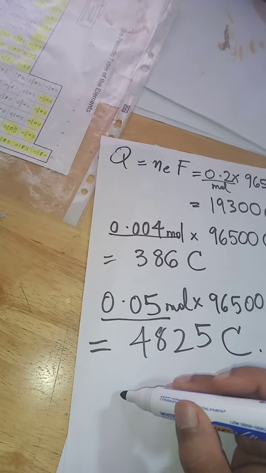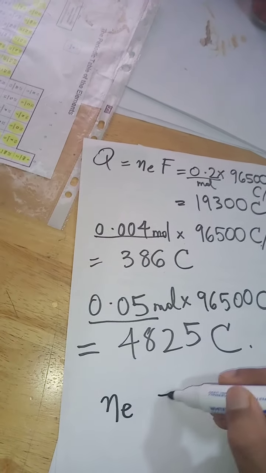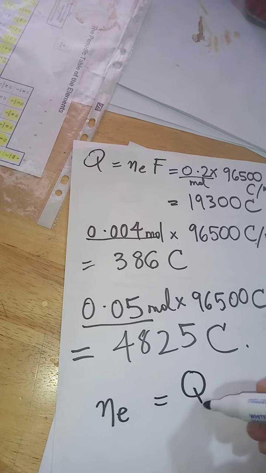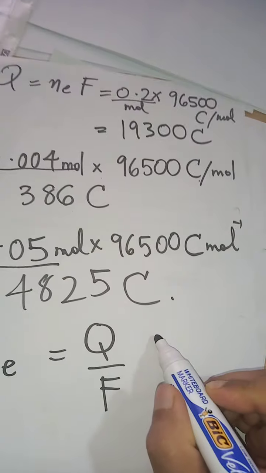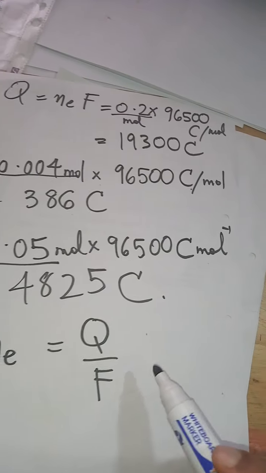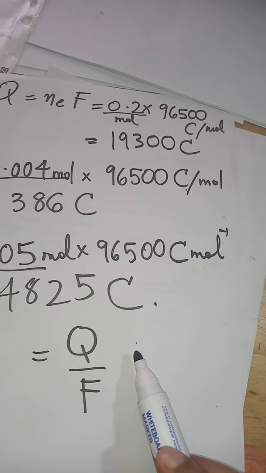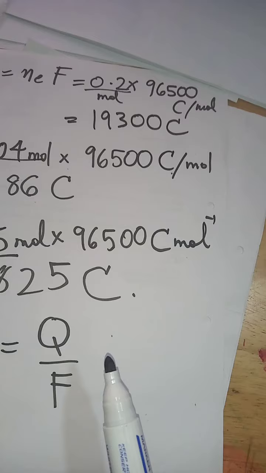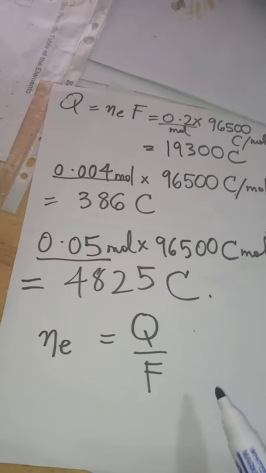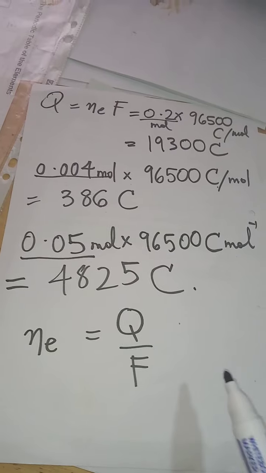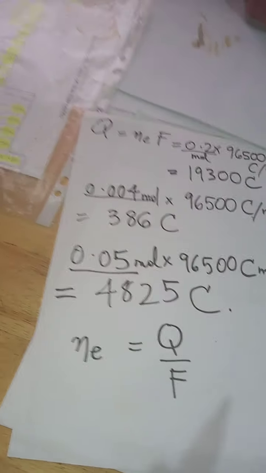So N equals Q divided by F, and you put 1930, 482.5, 96.5 or 28,950 coulombs on top, dividing every time by the Faraday constant, which is 96,500 coulombs per mole, and you'll get the answer in moles.